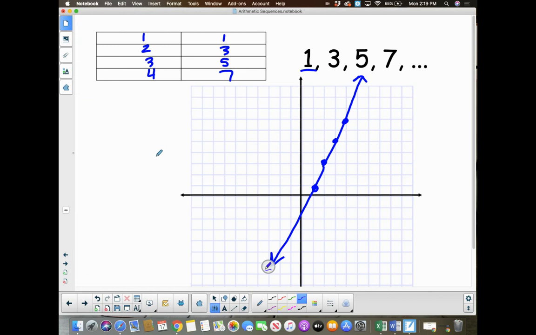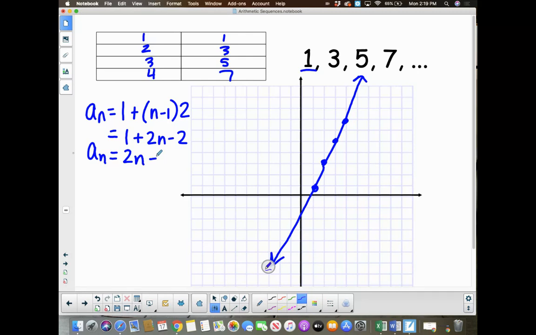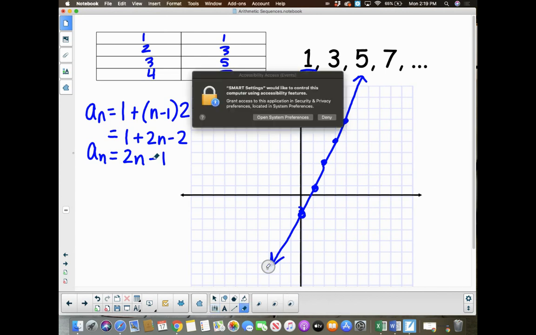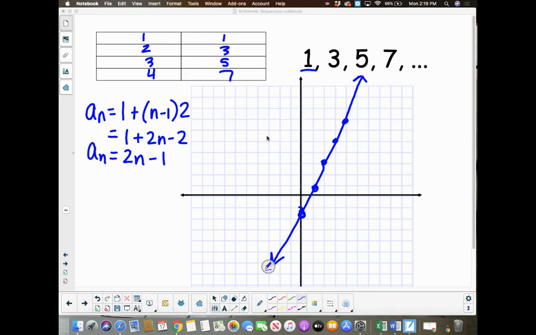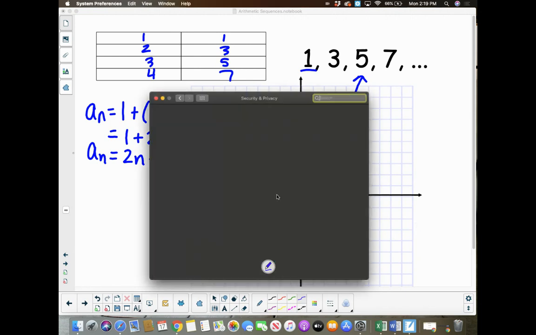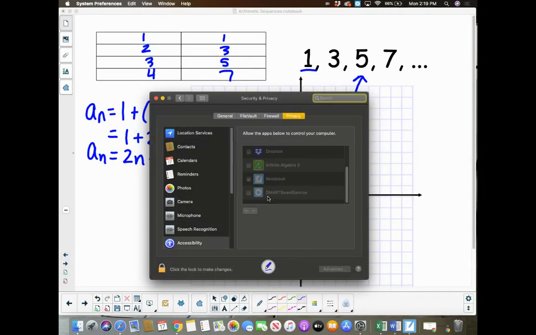If we use our formula, which our first term is 1, and our common difference, we're going by 2 each time. Combine like terms, that's exactly what happens. So if I would have, like I said, my board's off. Once I get down here, and this is what happens. So this is all real life that you're seeing all this.